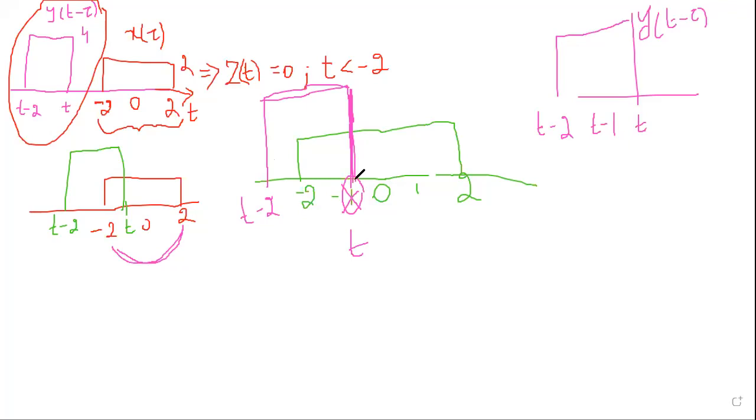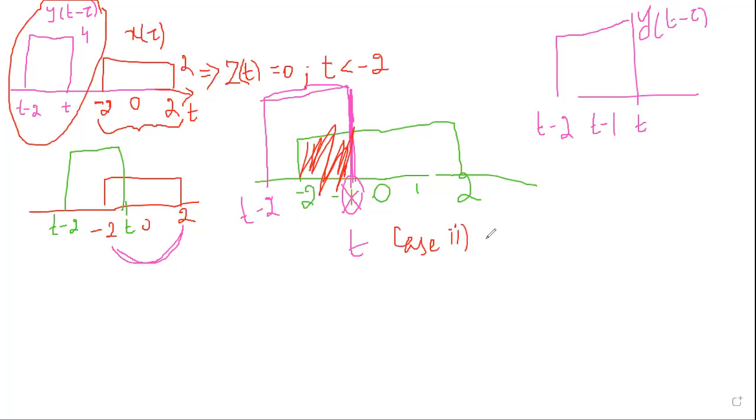Yes, ma'am. Now why I have done all these things: I want to analyze the common part, because when I multiply, I will get output only when there is overlap. So now seeing this condition, I am writing my second output, case 2. Earlier it was case 1, my output was 0 when t is less than minus 2.